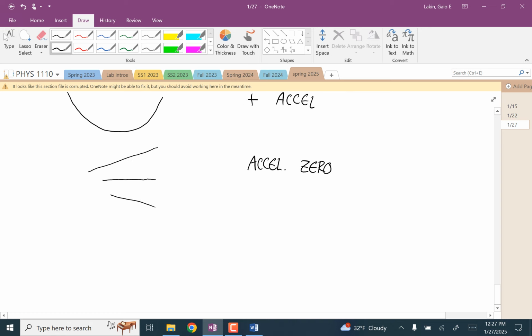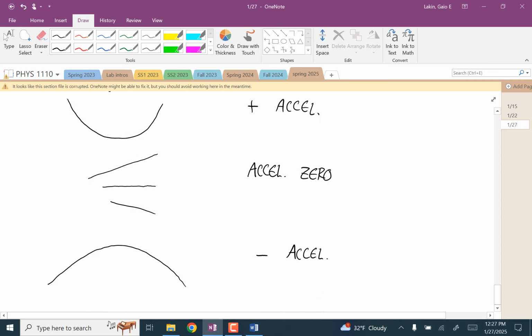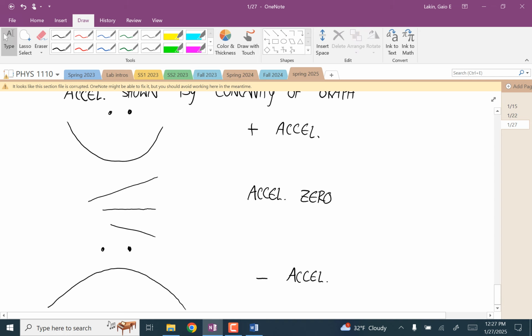And if the instant you're looking at is on a part of a concave down graph like that, that's a negative acceleration. A lot of this stuff you're just going to have to come up with ways to remember on your own, but I can help you with the acceleration one. This guy has a positive attitude, and this guy has a negative attitude.